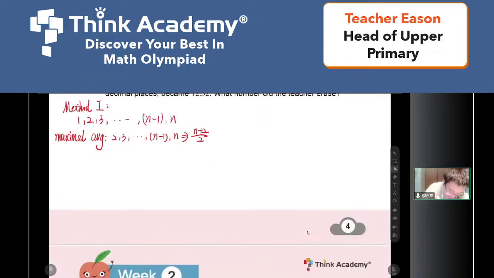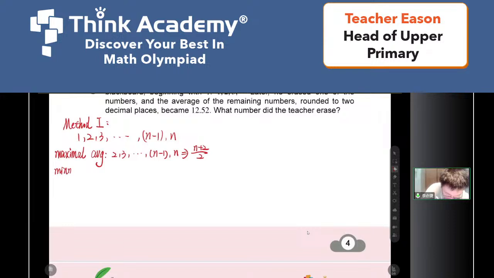Also, what's the minimal average possible? Of course, if we erase the largest number, this n, then the remaining average must be the minimum. In this case, it's the average of 1 to n minus 1, which makes it n over 2. Correct?